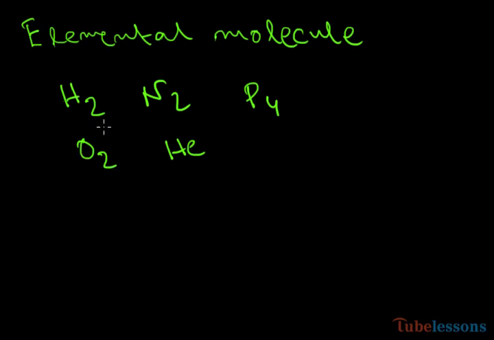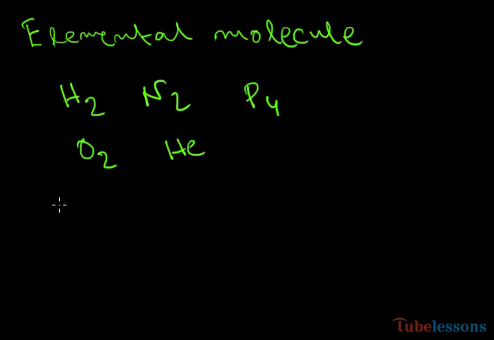Mind it, this number on the right hand side represents the atomicity of the molecule. H2 is a diatomic molecule, that means it contains 2 atoms of hydrogen. P4 is a tetraatomic molecule, that means it contains 4 atoms of phosphorus. And helium is a monoatomic molecule, it contains 1 atom of helium.